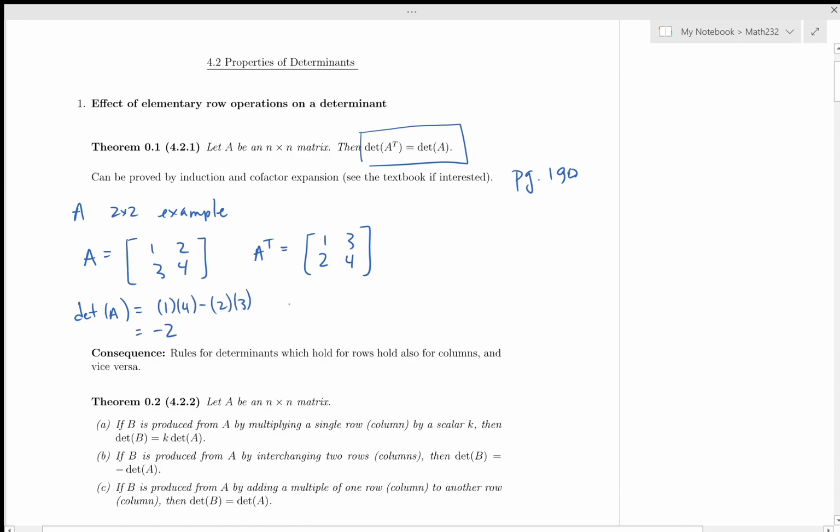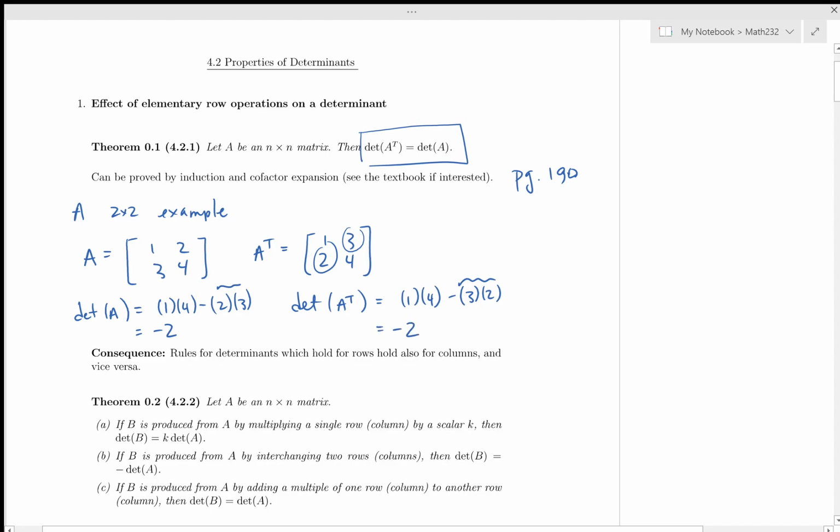And here I'll take the determinant of A transpose. That would be 1 times 4 minus 3 times 2. The 1 times 4 is the same, and of course the 3 and the 2 have been exchanged, but regular multiplication commutes, so this is also minus 2.